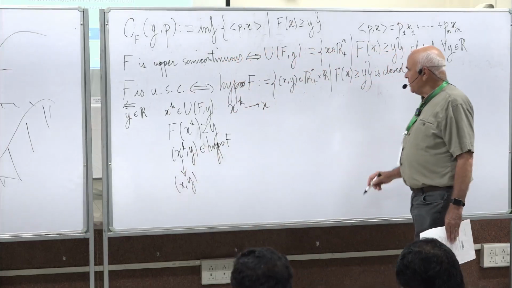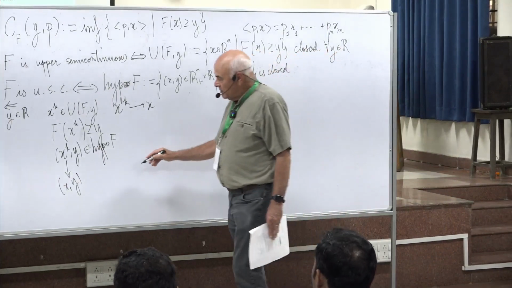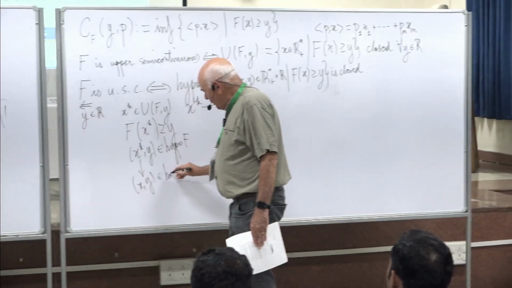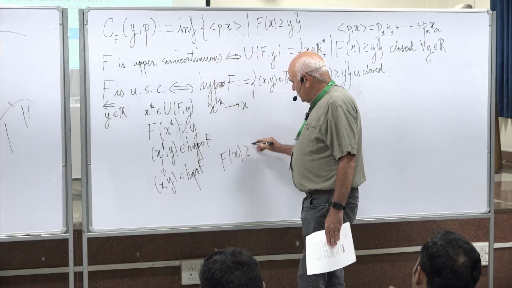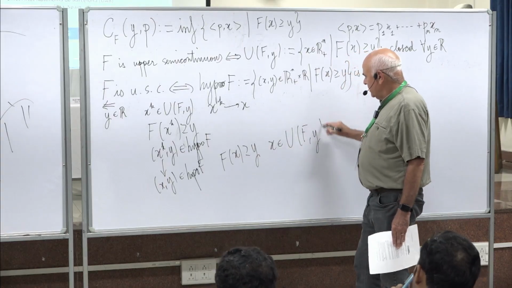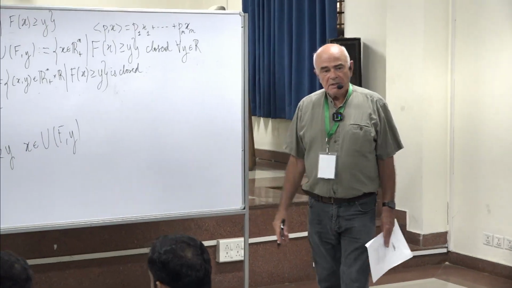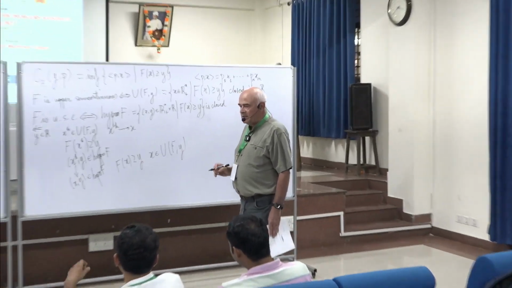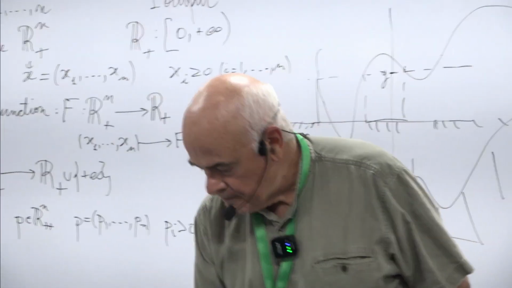And because we are assuming that the hypograph is closed, this limit point is in the hypograph of f, which means that f of x is greater than or equal to y, which means that x belongs to the upper level set of f corresponding to level y. So it's really a trivial exercise. In the opposite direction, it's also very easy, but only slightly more complicated.